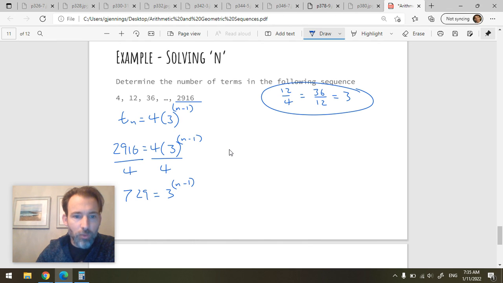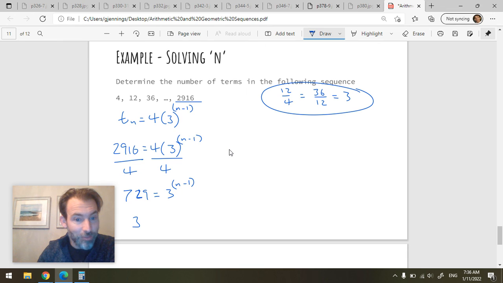So now we want to write these as powers with a common base. This is one way to solve this. So 3 to the 4 is 81, and if I multiply 81 by 9, I get 729.